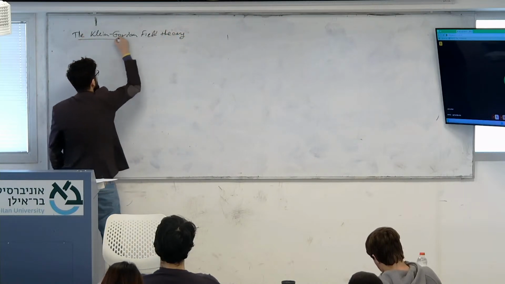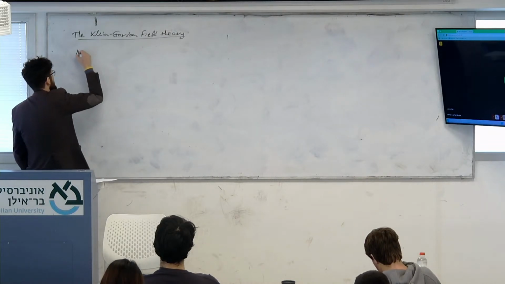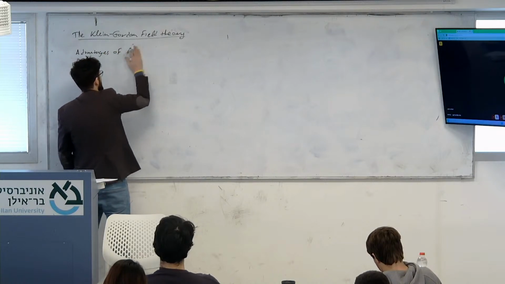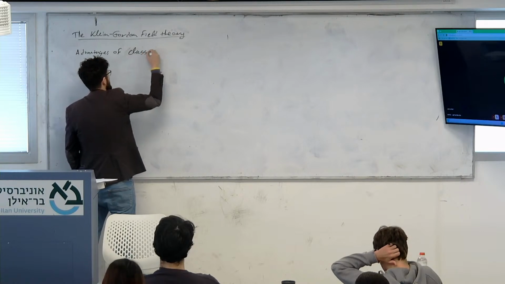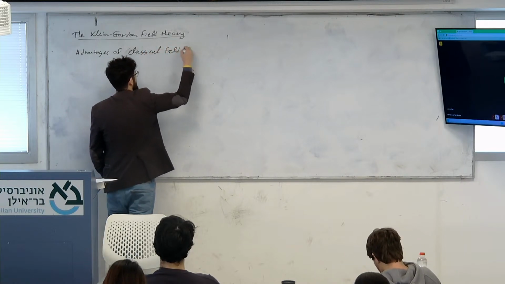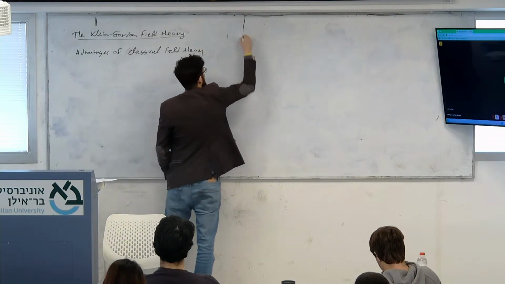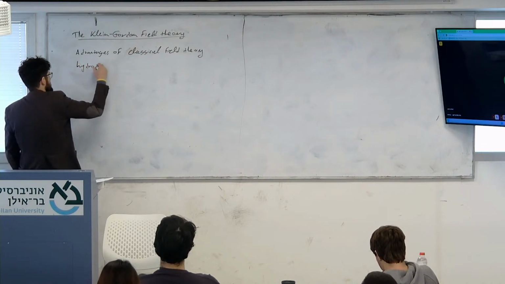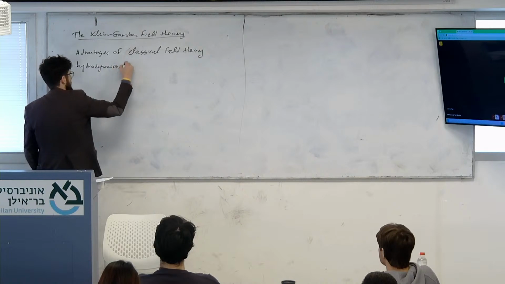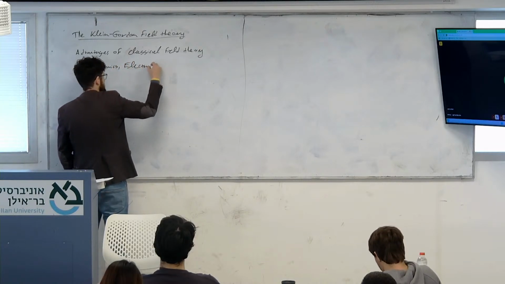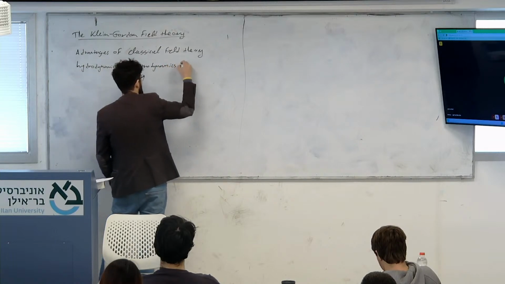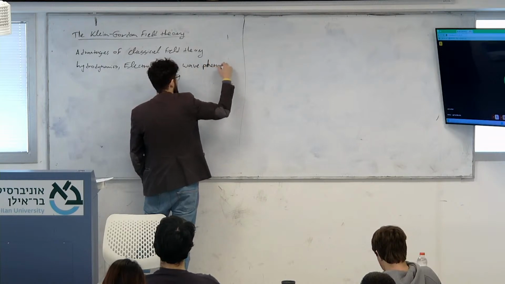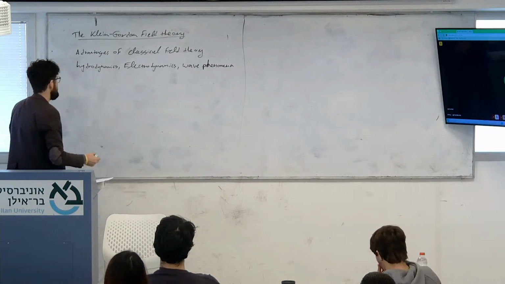So for example, classical, let's say classical field theory, there are a lot of advantages, right? We have the hydrodynamics, electrodynamics, wave phenomena, what else?